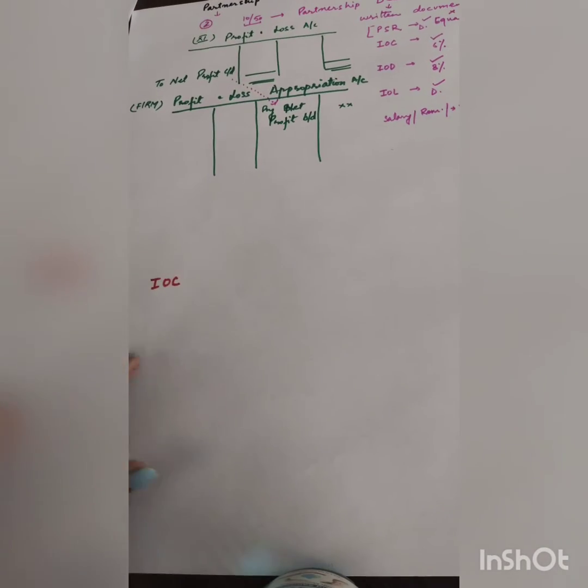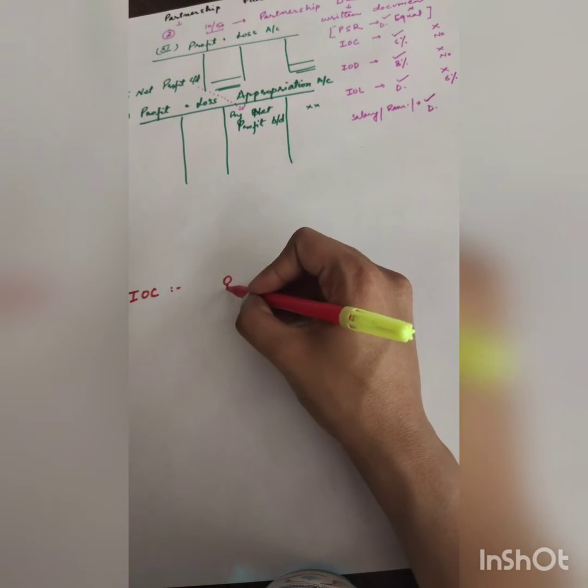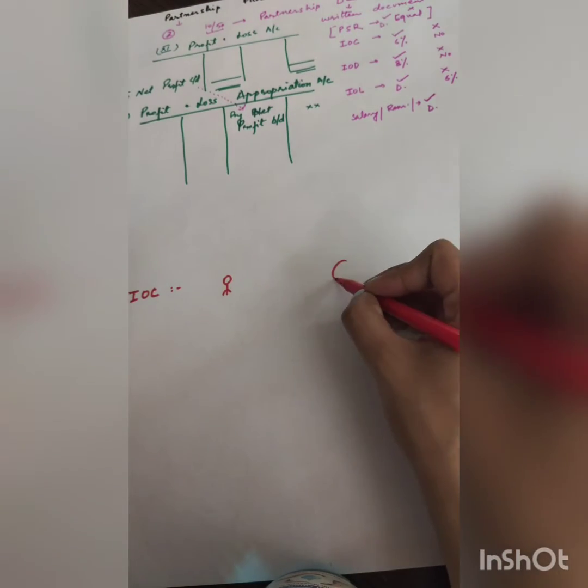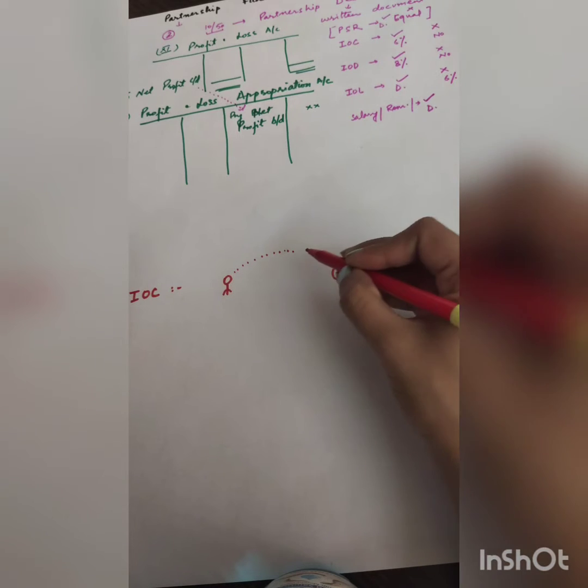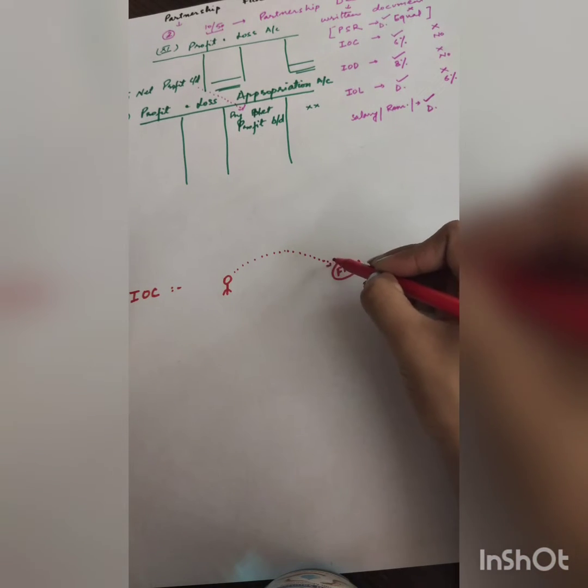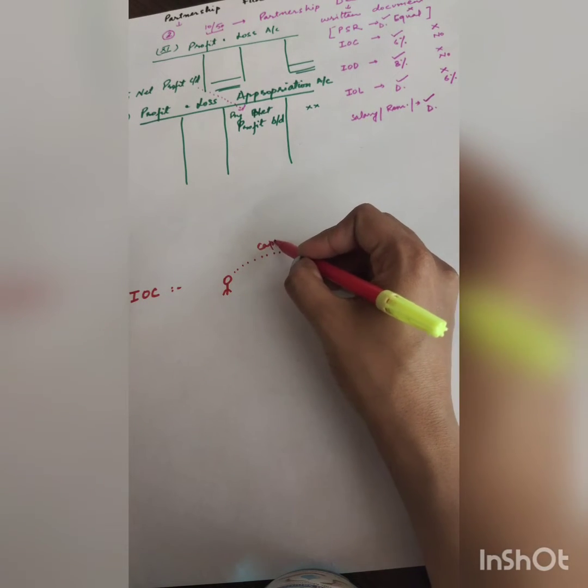If you see, the first thing is interest on capital. What is actually interest on capital? Suppose this is a partner and this is the firm, right? Now the partner has contributed capital into the firm.